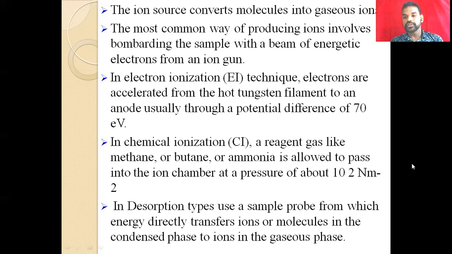As the name says, they chemically produce the ion sources. And then the last one, desorption. This type uses a sample probe from which energy is directly transferred to an ion or a molecule in the condensed phase to produce ions. So here, in the condensed phase, they are producing the ions.